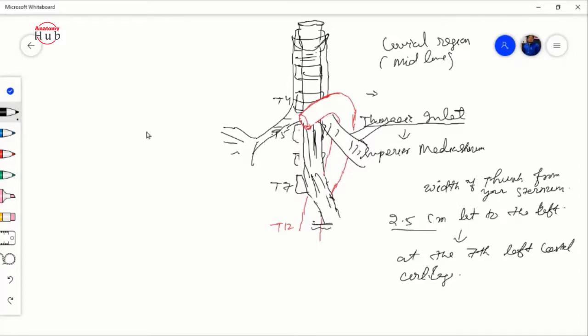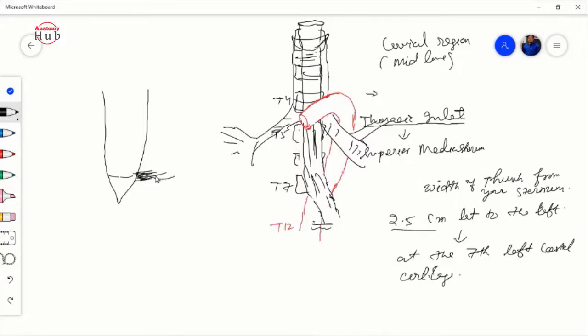Or will I draw? Here is your sternum. Suppose, okay, and here this is the xiphoid process. Okay, so at the xiphoid process, here is the 7th costal cartilage.